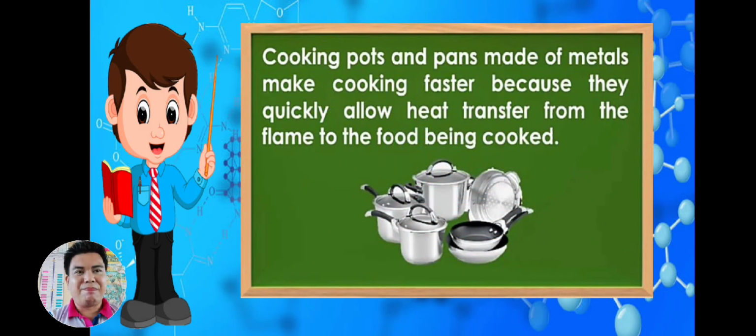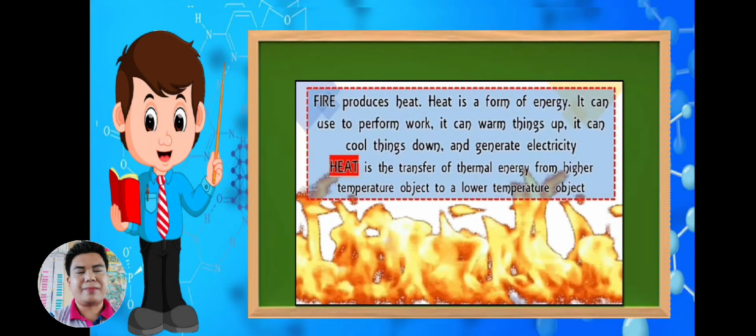Cooking pots and pans made of metals make cooking faster because they quickly allow heat to transfer from flame to the food being cooked. That is the reason why we need to use aluminum cooking pots and casseroles that are made of metals.